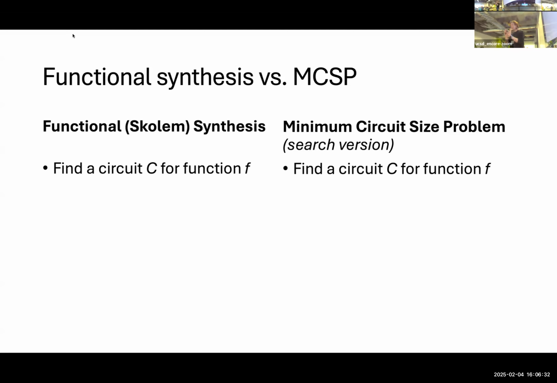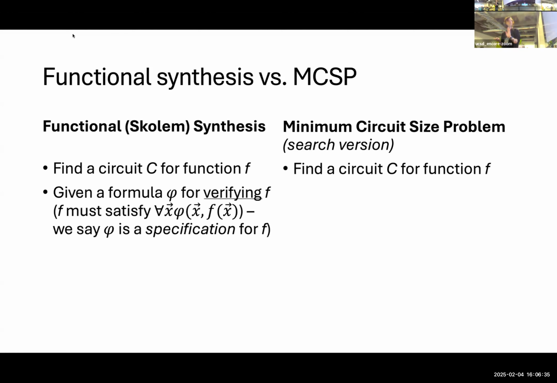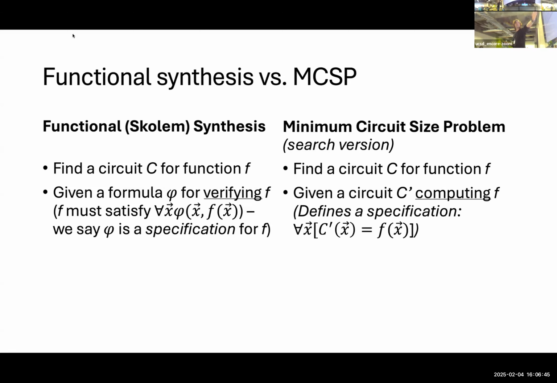Okay, but in both of them, you're trying to find a circuit. The difference is, of course, for functional synthesis, I was given a specification that just tells me how to check whether or not the function is being computed correctly. Whereas for minimum circuit size, of course, you were given a circuit that actually computes the function, which you could use to define a specification like this.